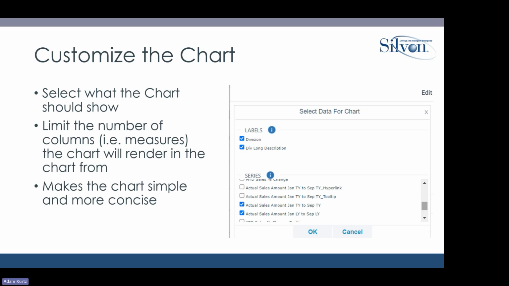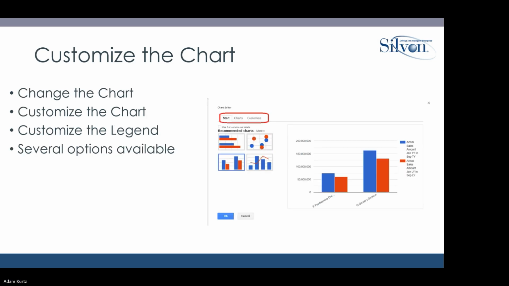This will allow you to make the chart more simple and concise so that it tells a better story. Here's just an example of the different chart types under the bar chart area. As you can see, there's combinational charts, there's a bubble chart. So definitely different customizations are available here. So you can really make it your own.